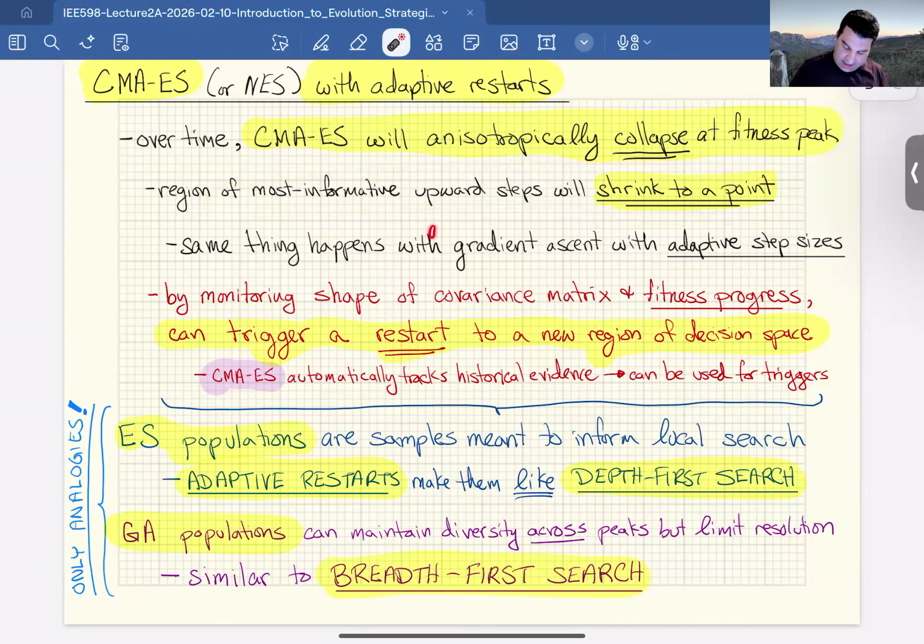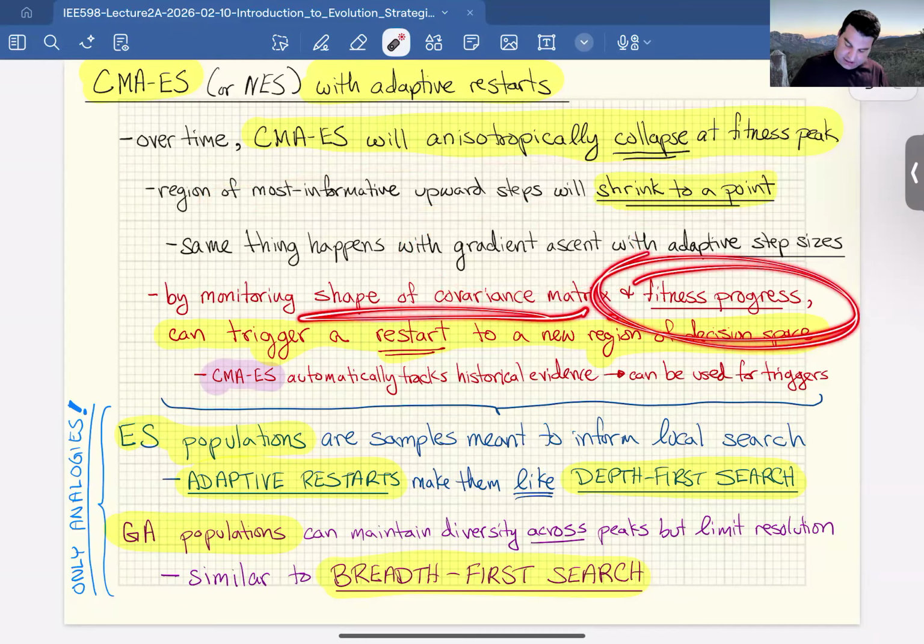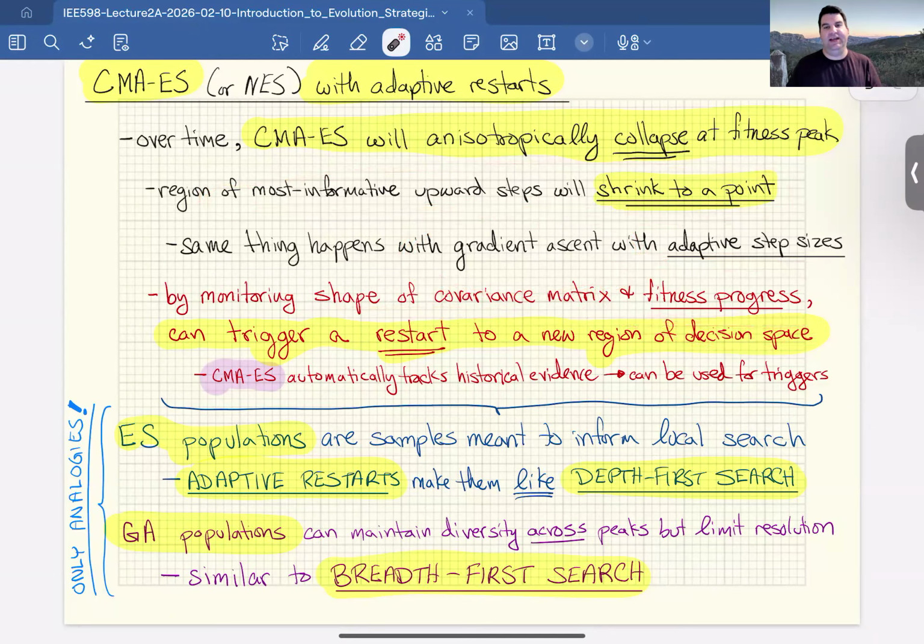This is a lot like good old-fashioned gradient ascent with adaptive step sizes, but it isn't being set by gradients, it's being set by statistical properties. By monitoring the shape of the covariance matrix and the fitness progress, what's cool is that eventually we can say this distribution is way too narrow.